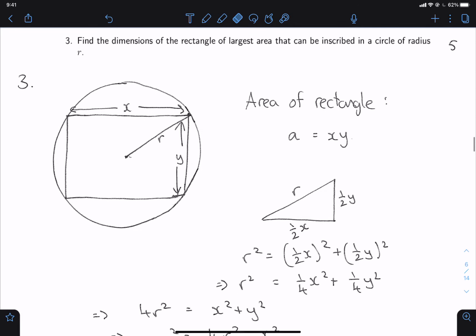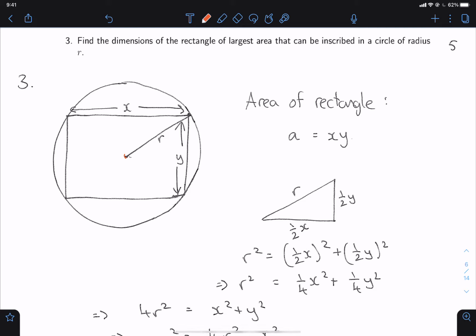So now our rectangle is here, right? And then we're going to denote the length of this rectangle by x, and the height of this rectangle by y. And of course, the radius of this circle is r.